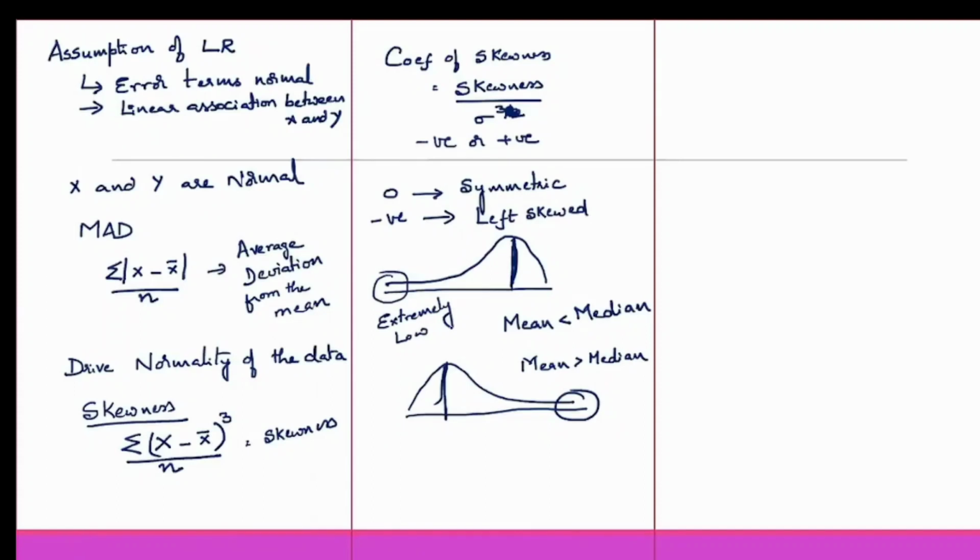Now, why we talk about this kind of data is to link it with normality. Generally, normal data is symmetric, though not necessarily the vice versa. I'm not equating these two. Symmetric data need not be normal, but normal data will be symmetric. We were saying that the normality of the data is one of the essential criteria for some important models to be executed.